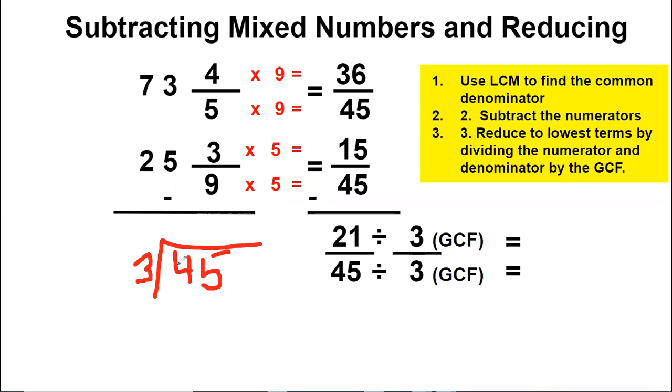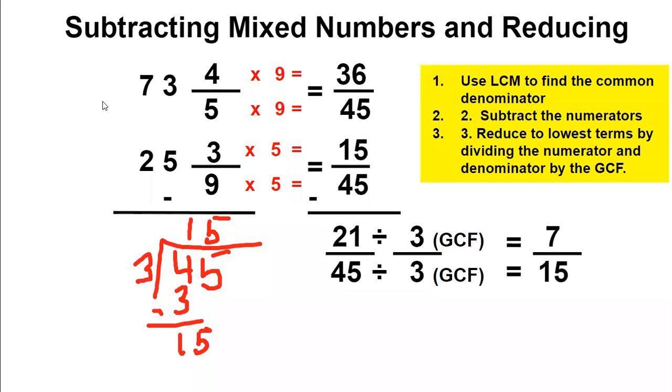How many 3's go into 4? 1. 3 times 1 is 3. 4 minus 3 is 1. Bring down the 5, 15. How many 3's go into 15? 5. So 45 divided by 3 is equal to 15. So my bottom number will be a 15, and my top number is a 7.